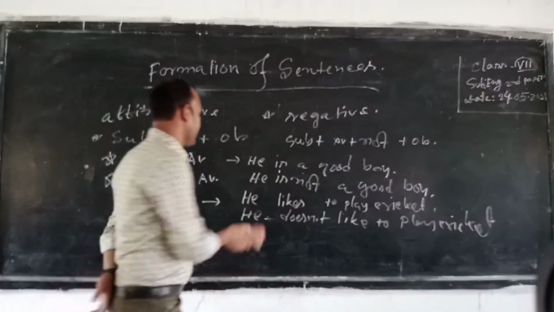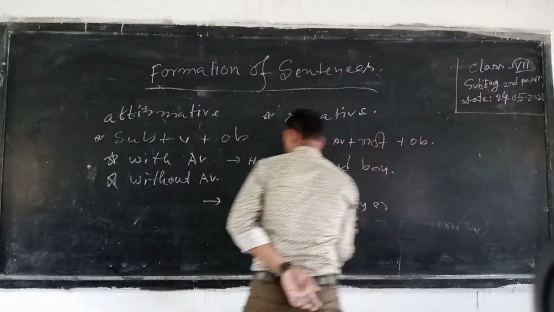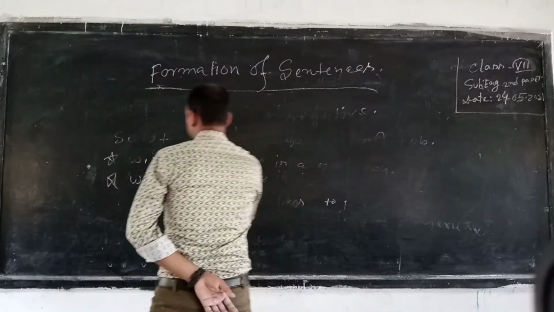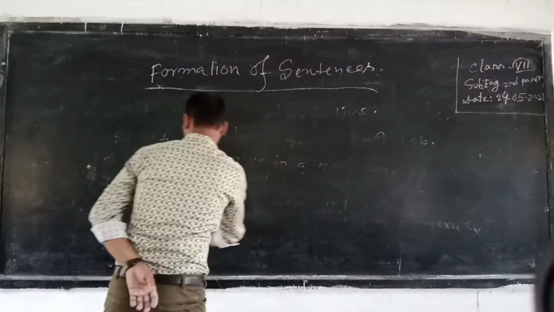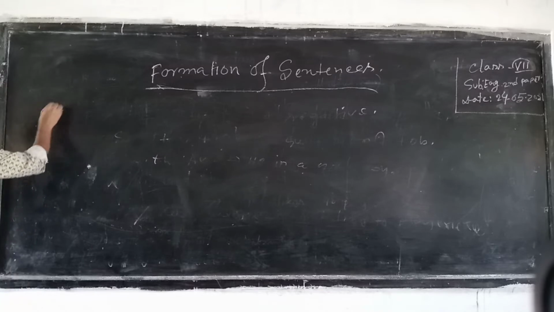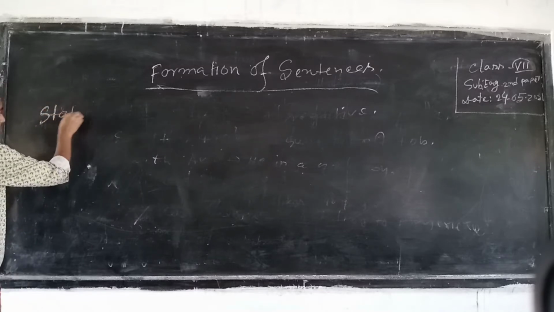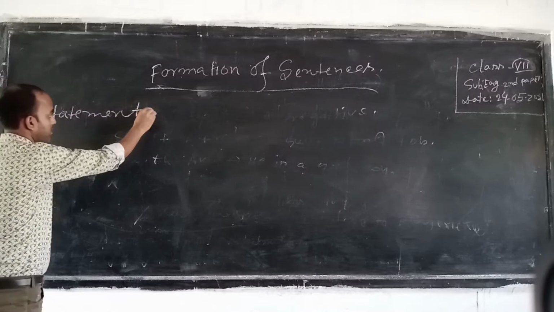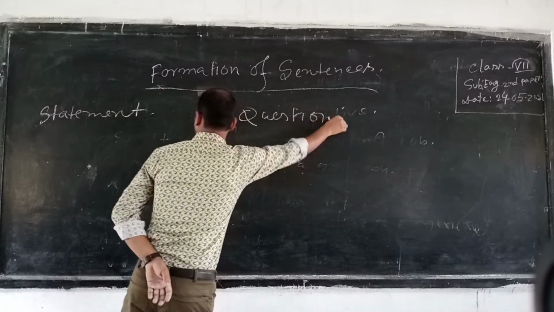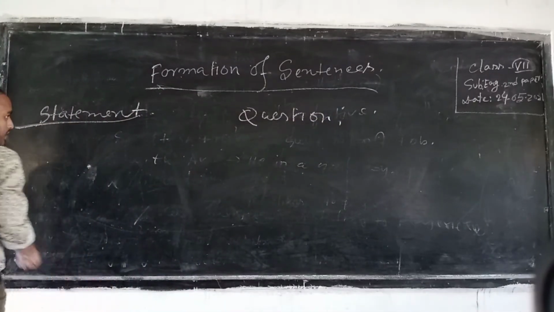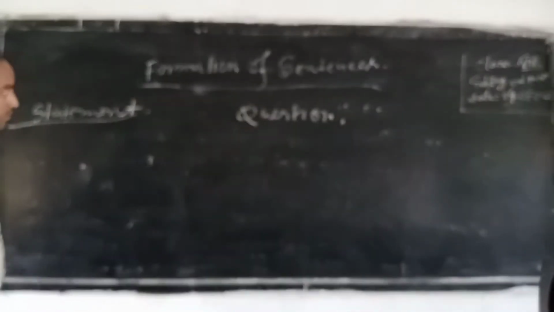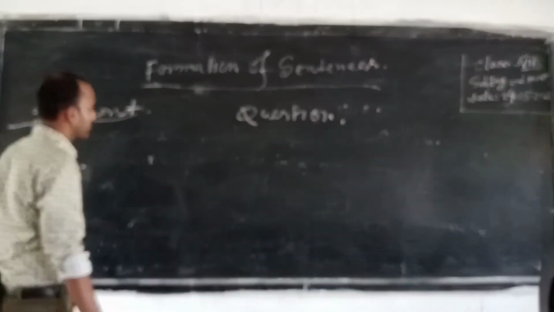Dear learners, now we'll know how a question is formed. With auxiliary verb, we find two types of sentence. One is with auxiliary verb, another is without auxiliary verb.